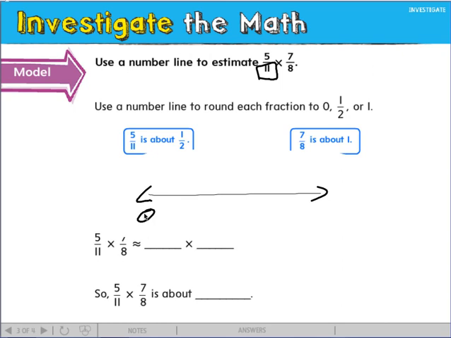That number line is going to go from 0 to 11. What's half of 11? 5.5. And then we're going to put our 5 on that number line. What number on that number line, 5.5, 11, or 0, is 5 closest to? 5.5, which is half of 11. So we're going to round 5/11 to what? 1/2.